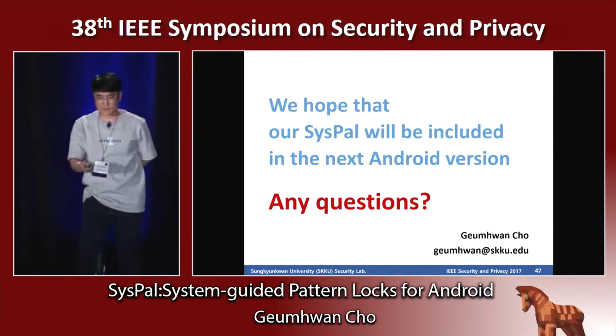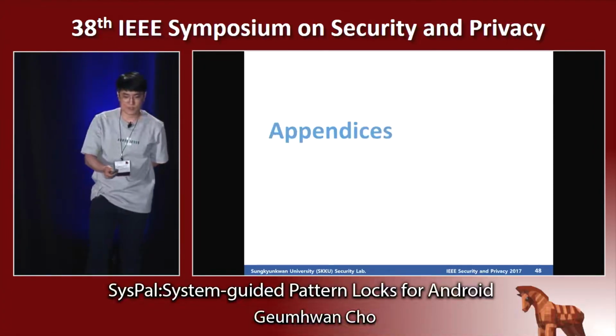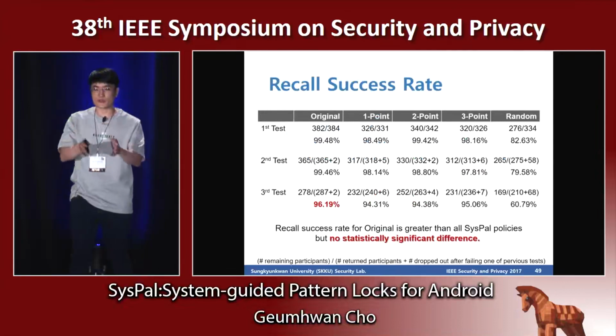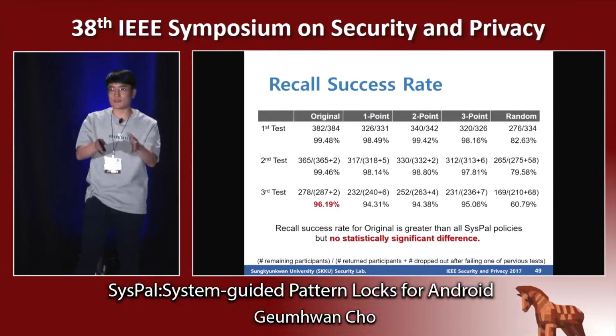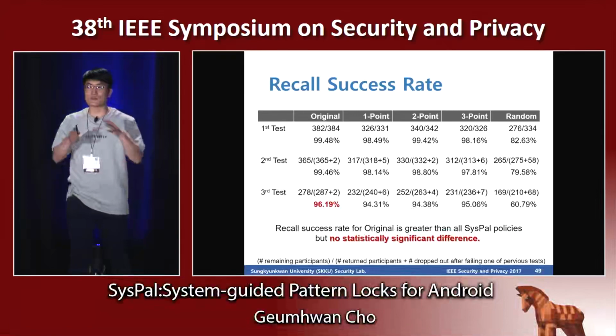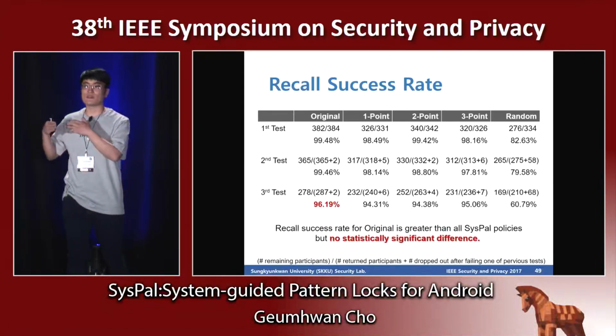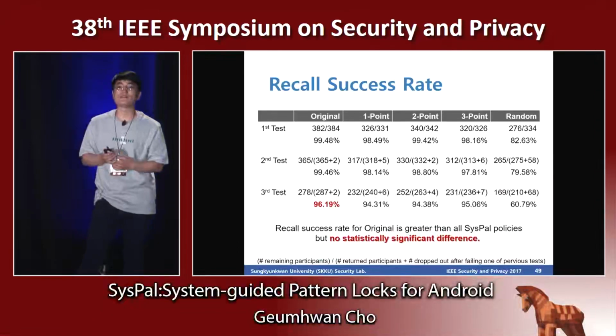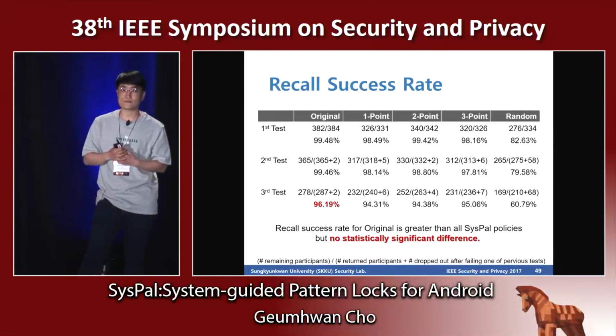Actually, we have. This is where we calculate the memorable recall success rate without the people who did not return for the second or third test. So okay, did they basically not come back more for the 3-point?